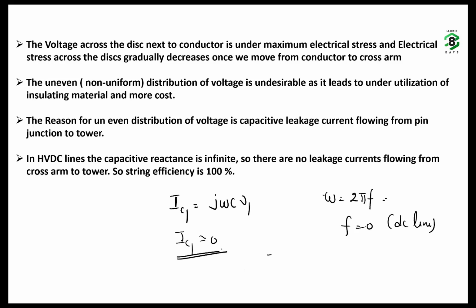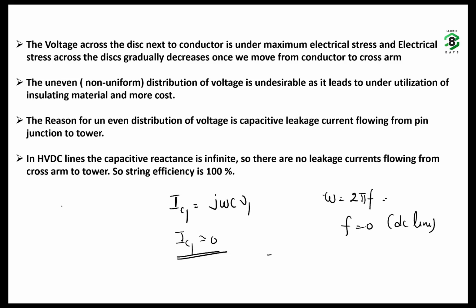Since there are no capacitive leakage currents in HVDC lines, there are no non-uniform voltages because the voltage across each disc will be the same. When the voltage across each disc is the same, the string efficiency will be 100%. String efficiency will be 100%.